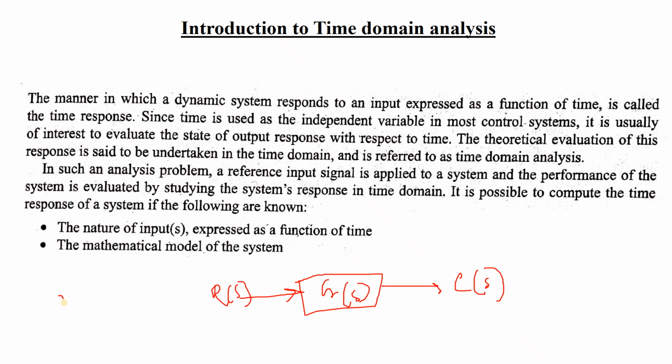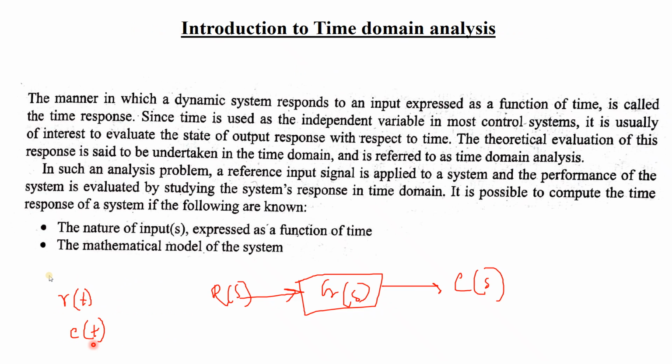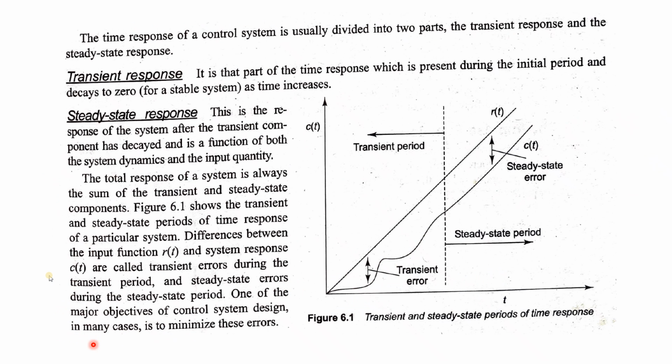Now this is in the S domain. In the time domain, this R(s) is nothing but r(t), the signal is r(t), and C(s) is small c(t). So r(t) is the input signal in the time domain and c(t) is the output signal in the time domain.